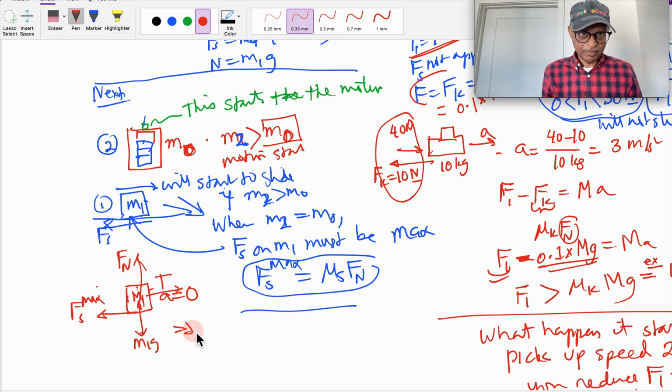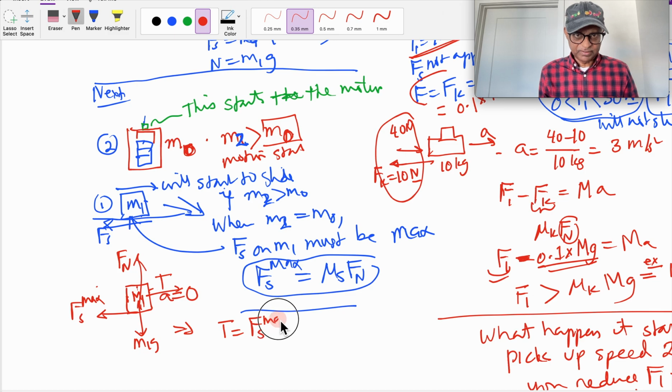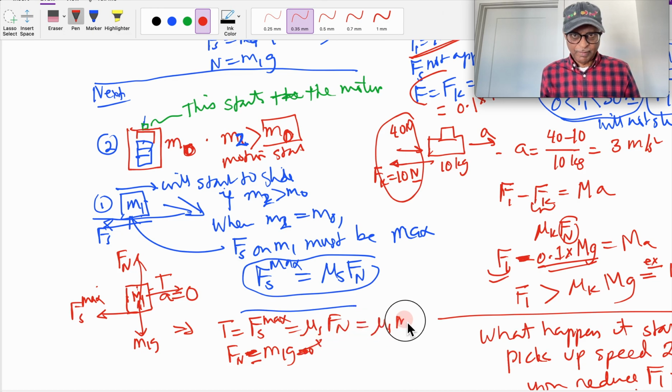Here you can see tension equals Fs max, as before, which equals mu s Fn, and Fn equals M1g, and N minus M1g equals 0, same thing. Together in here it gives mu s M1g.